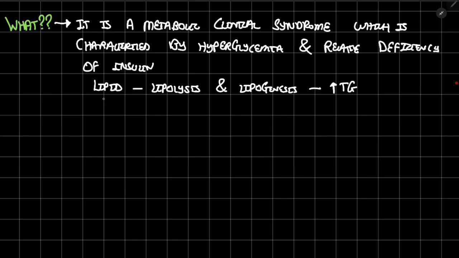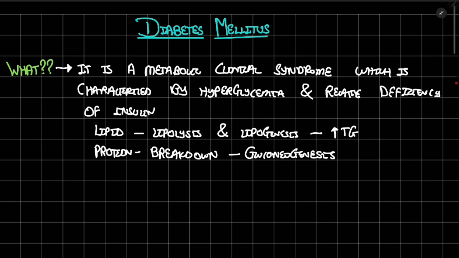In protein we see breakdown of proteins, and this leads to gluconeogenesis. So this is the basic pathogenesis and the definition of diabetes mellitus.